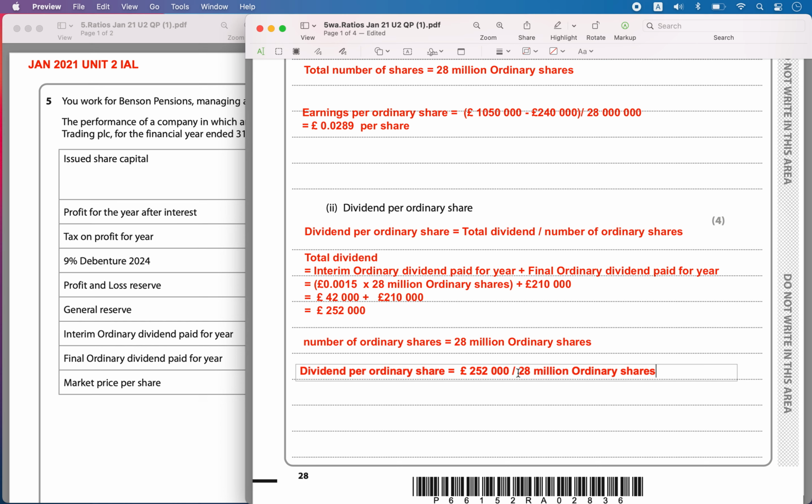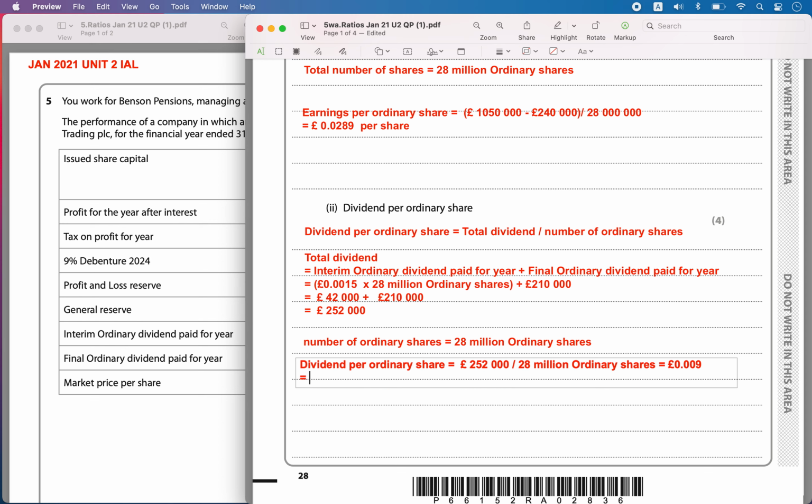So that is equal to 0.009. So the dividend paid is equal to 0.009 pounds. That is also equal to 9 pence. I can call it 9 pence per share.